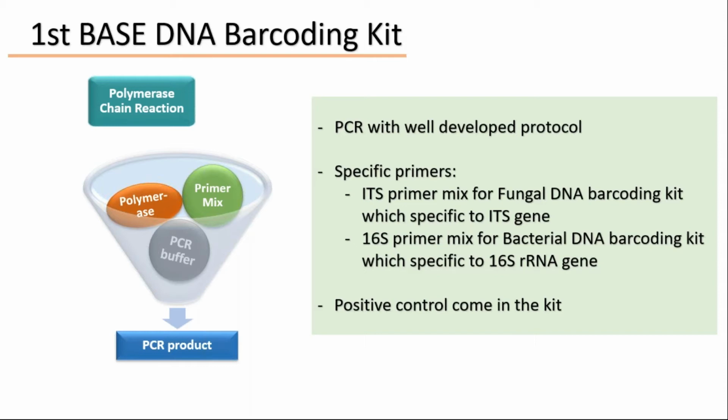For the bacteria barcoding kit, we are using 16S primer mix, and for the fungal barcoding kit, we are using the ITS primer mix. And not forgetting that we also provide the positive control inside the kit. This is to make sure the user's PCR is running well during the process.